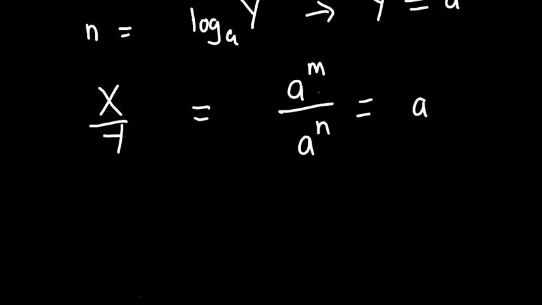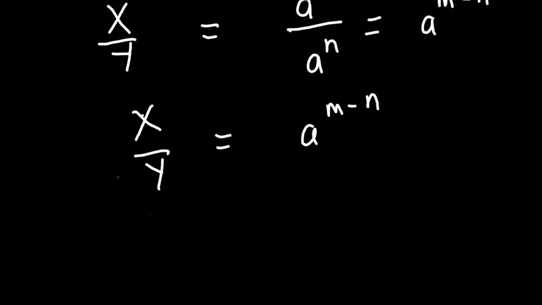If we are dividing like terms with the same base a, we have to subtract their powers, which is m and n.